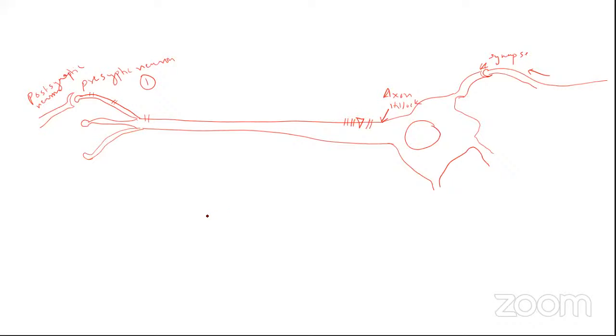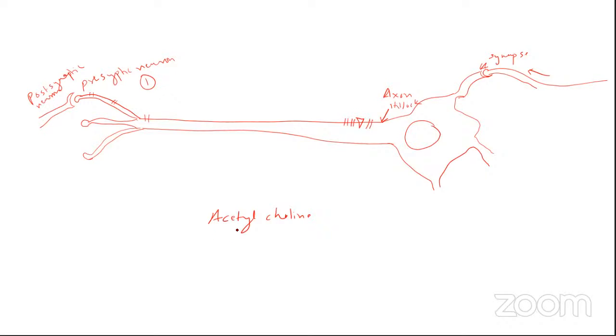Okay, but have you heard about this compound? Acetylcholine. Yes. So what do you think? What is this? Is it a neurotransmitter? Is it a hormone? Yes, sir. It's a neurotransmitter. And how does the muscle membrane react with acetylcholine? Sir, there are receptors for acetylcholine.